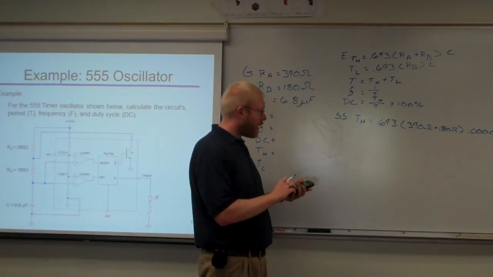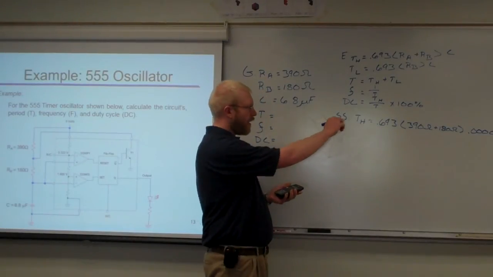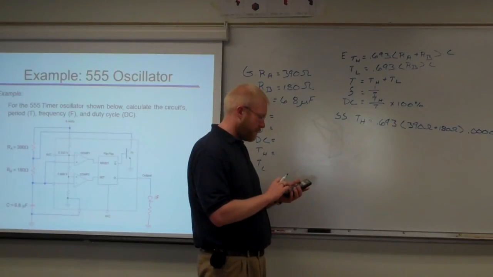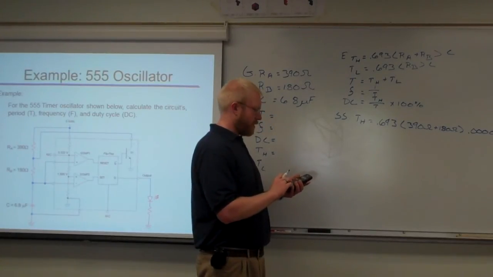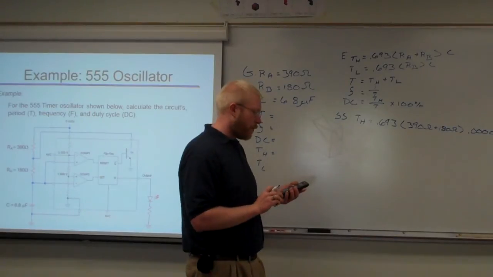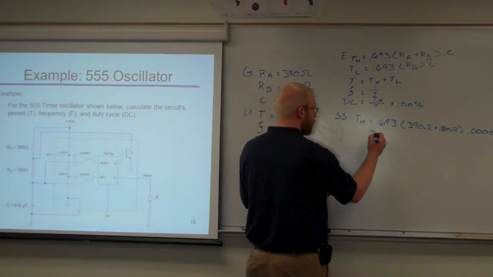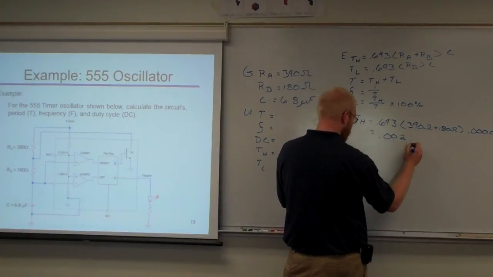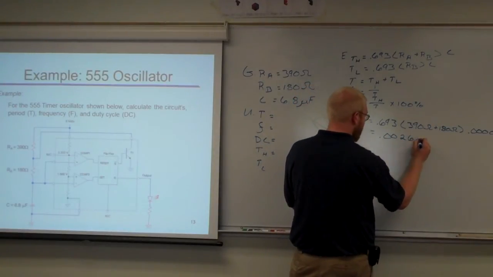0.693 times 390 plus 180, which gives me 570, times 0.0000068. It equals 0.00269, and I'm going to round here.